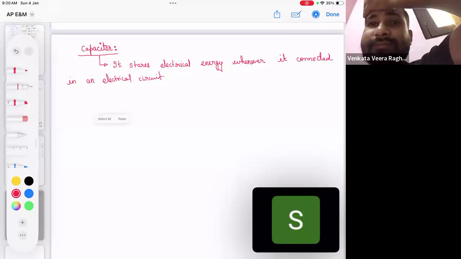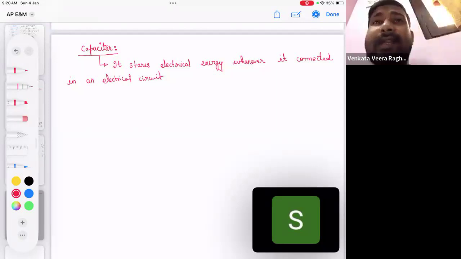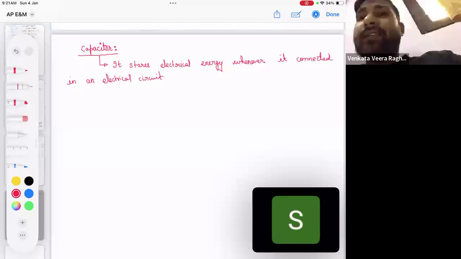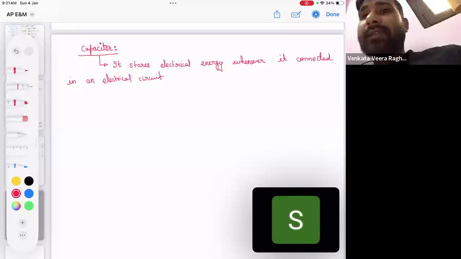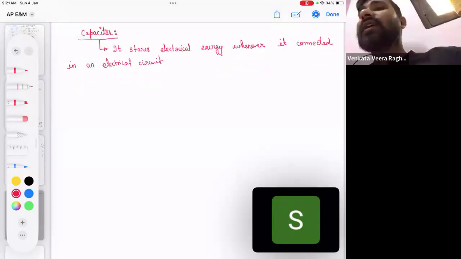And if an electric field is there, then if a charged particle enters that region, because of the electric field's work, that charged particle can gain some kinetic energy, or we will be able to convert one form of energy into another form. But for that, the first thing needed is the electric field in that region. Understood? So a capacitor is a device which stores the electrical energy.